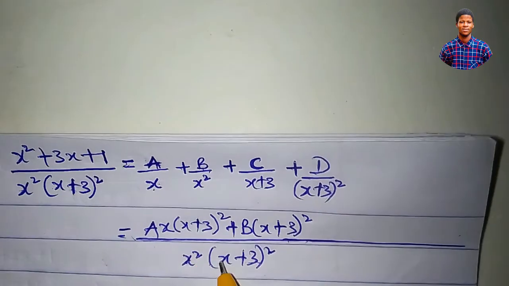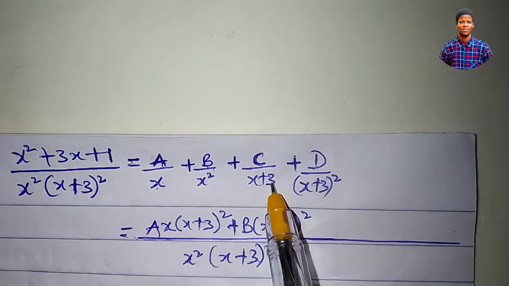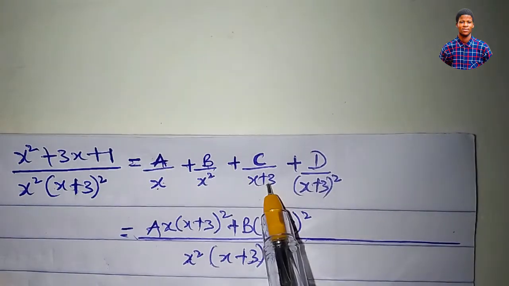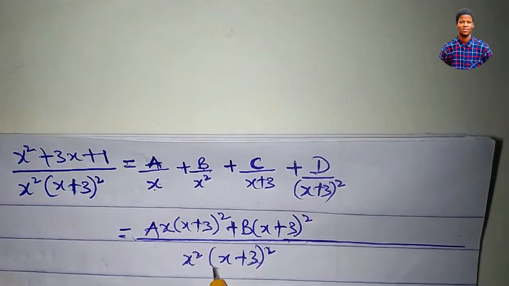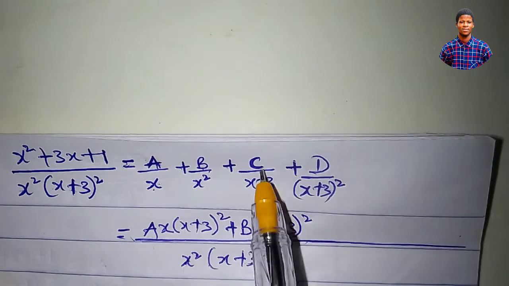x squared times (x plus 3) squared divided by x plus 3: we have x squared times (x plus 3). This x plus 3 will cancel one of the x plus 3 here because this is (x plus 3) squared. So we'll be having just x squared times (x plus 3) times c.